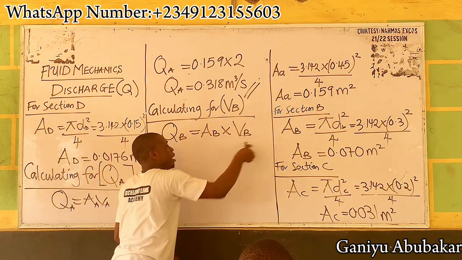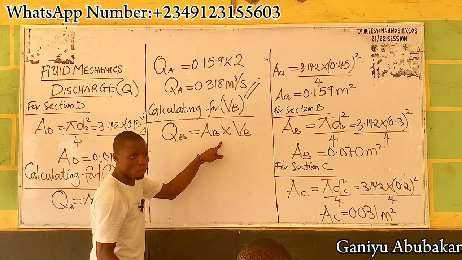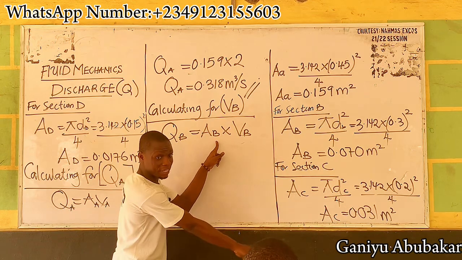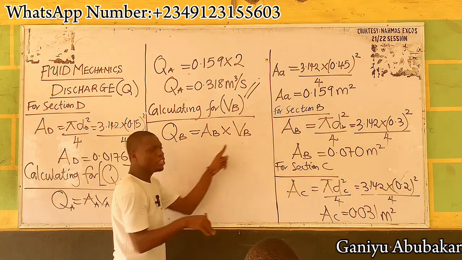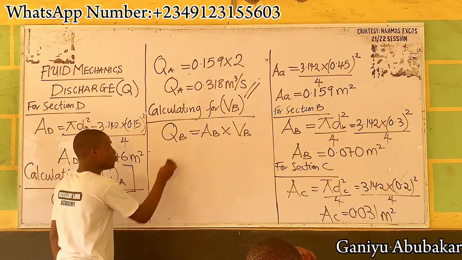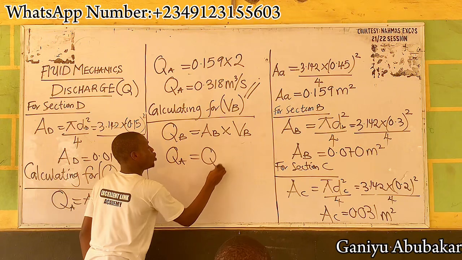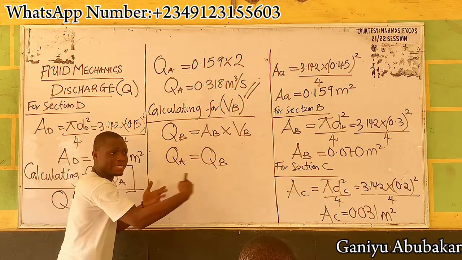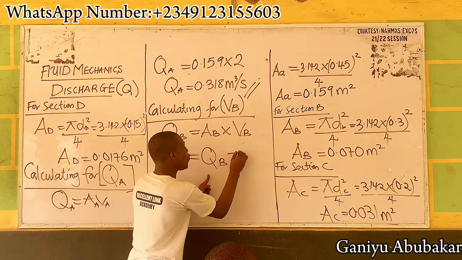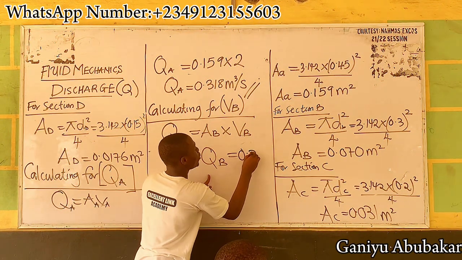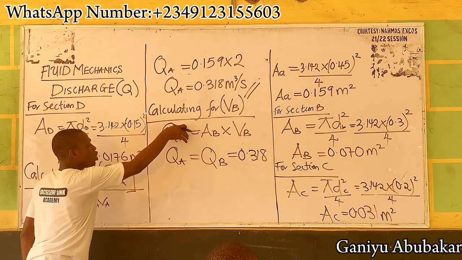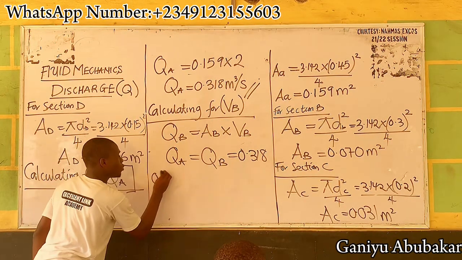So I'm looking for VB. I need to know AB and QB. We said earlier that QA equals QB, because the flow properties at A and B are similar. So the answer I use for QA is what I use for QB: 0.318.